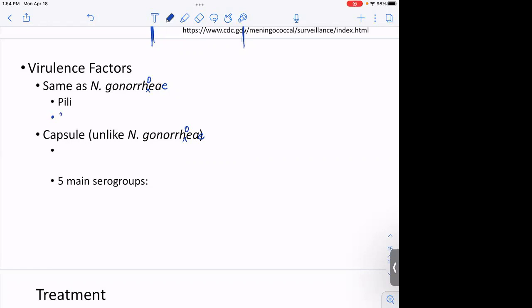Oh, and also endotoxin. We mentioned that already, how it's shed. We call that blebbing when it's shed in large amounts. And again, it's just a little different variety that's even more toxic. Unlike Neisseria gonorrhoeae, it does make a capsule, and that, of course, is going to help protect it from phagocytosis.